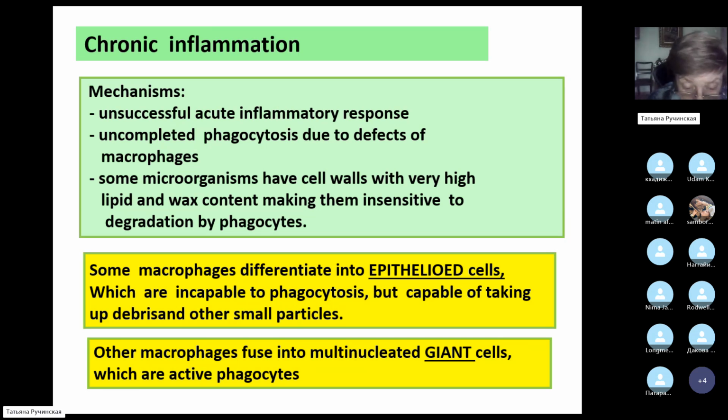The other macrophages fuse into multinucleated giant cells. These cells will be active phagocytes.